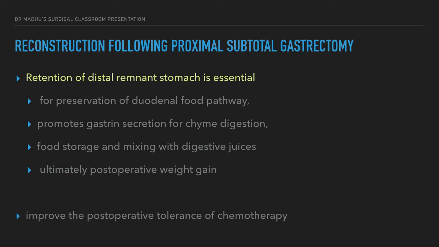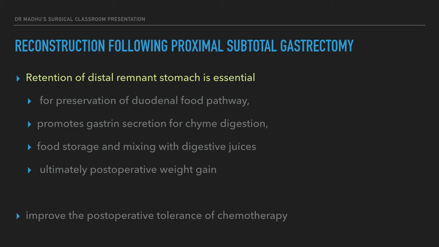So, why does the retention of distal stomach become essential? It preserves the duodenal food pathway as we have seen in the previous slide. It promotes gastrin secretion that happens from the distal stomach. This is helpful in chyme digestion. Then the remaining stomach also acts as a reservoir for food, so there is food storage happening.